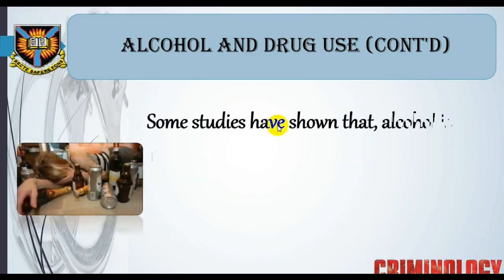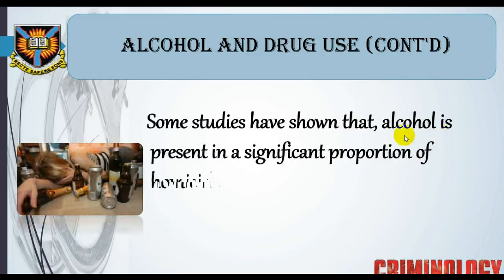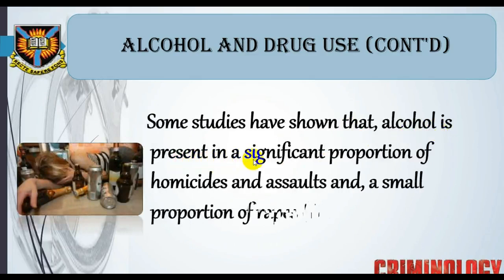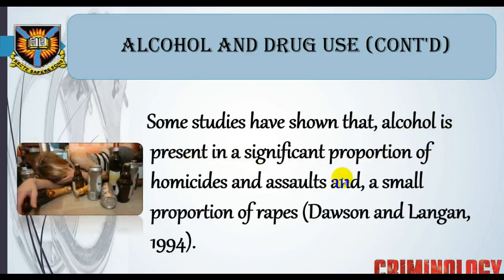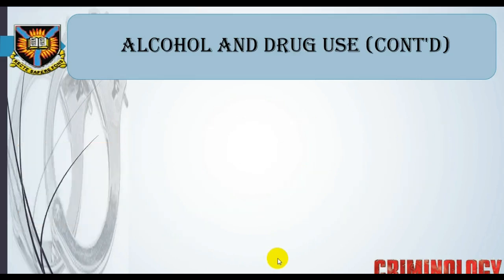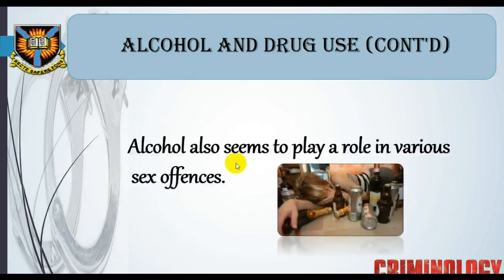Some studies have shown that alcohol is present in a significant proportion of homicides and assaults and a small proportion of rapes. Dawson and Langan, 1994. Alcohol also seems to play a role in various sex offenses.